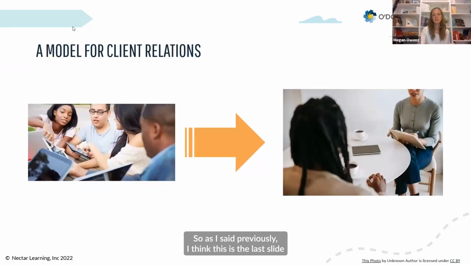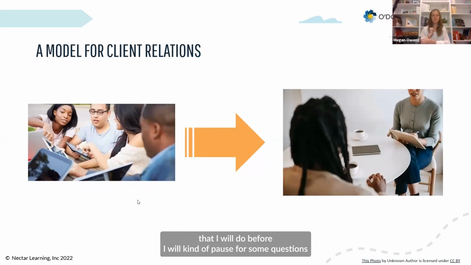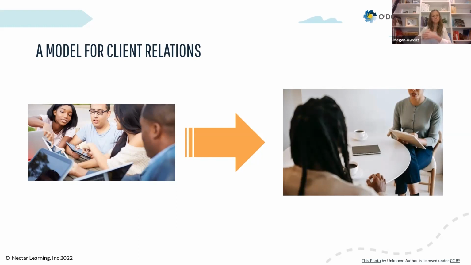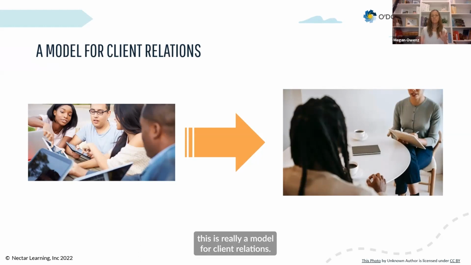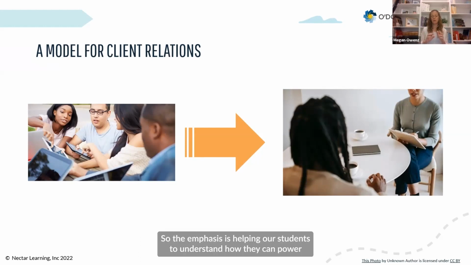So as I said previously, I think this is the last slide that I will do before we'll pause for some questions. And then I'll talk about my critical reflection after that. But in my discipline, and I think in any undergraduate helping disciplines, so things like social work, psychology, human services, pre-med, this is really a model for client relations. So the emphasis is helping our students to understand how they can power share in the future with future clients and consumers of their services.